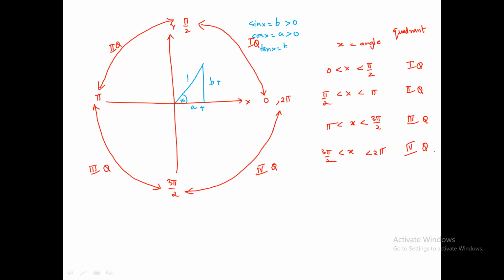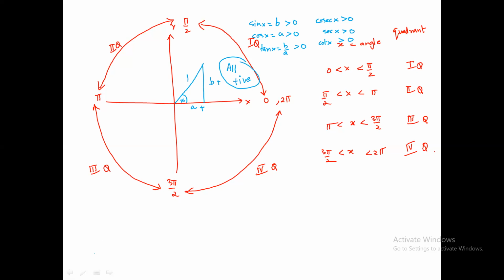Tan x is B by A. Both B and A are positive, so tan x will be positive. If sin x, cos x, tan x are positive, immediately the reciprocals, cosecant x, secant x, and cot x will be positive. That means in the first quadrant, all the trigonometric functions are positive. All are positive.